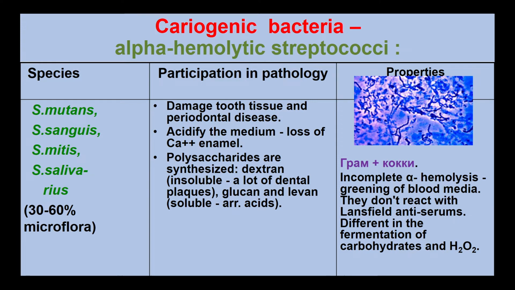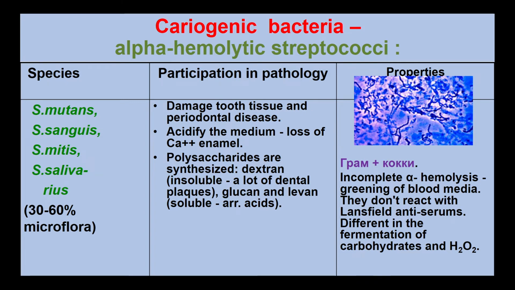These bacteria don't react with Lancefield antisera, as for example other pathogenic streptococci such as Streptococcus pneumoniae and agalactiae. They are differentiated by fermentation of carbohydrates and production of H2O2. The main role in pathology is damage of tooth tissues and periodontal diseases.